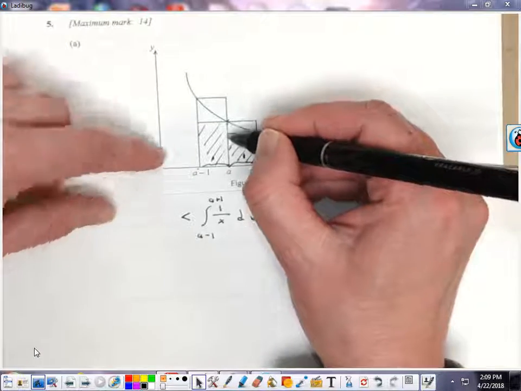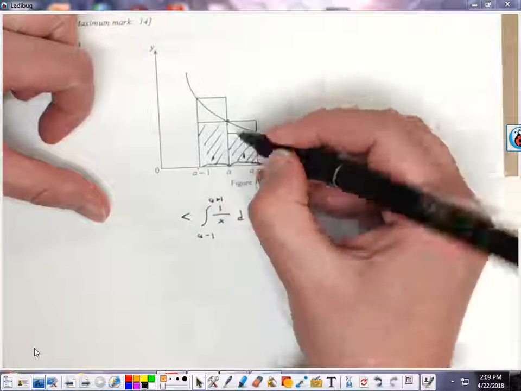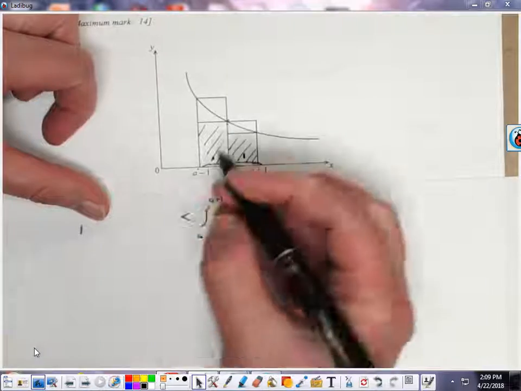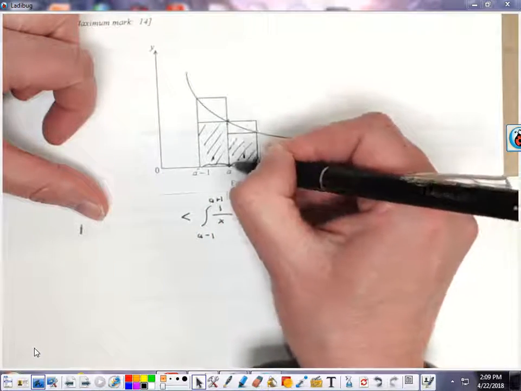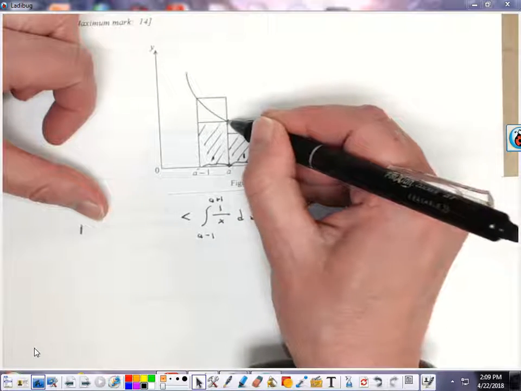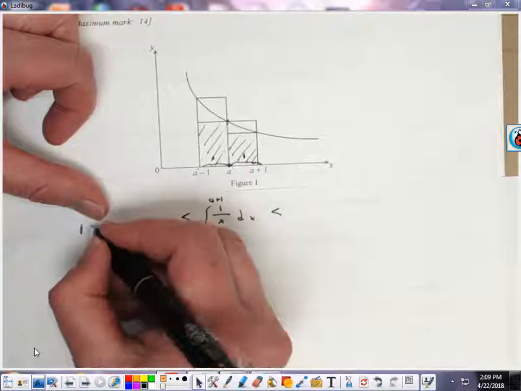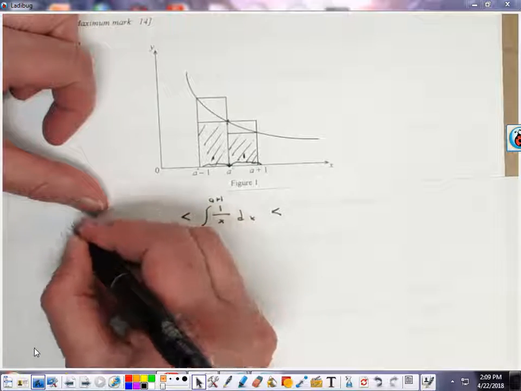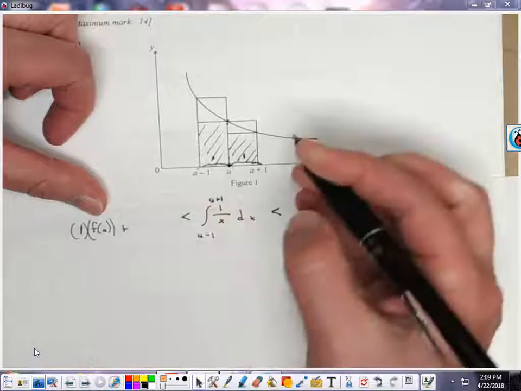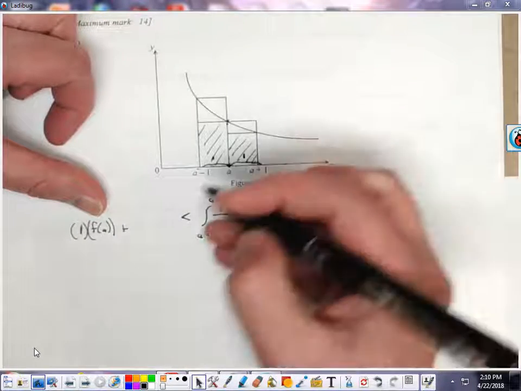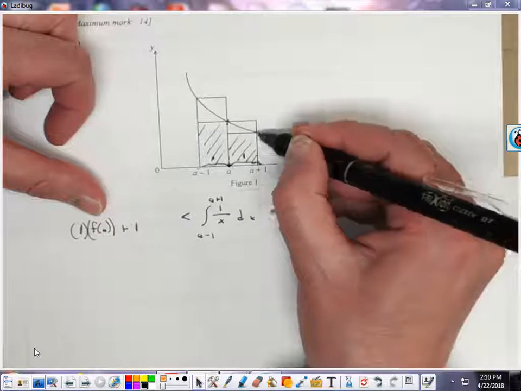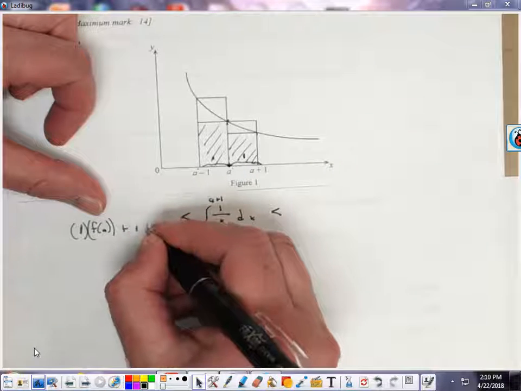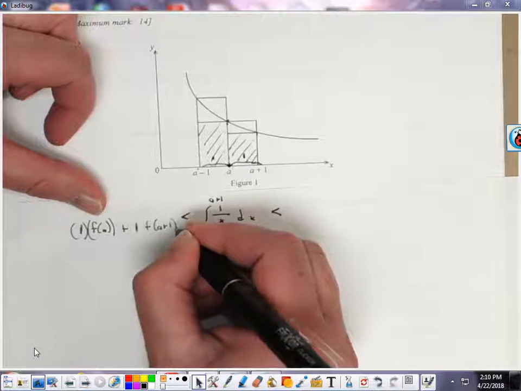So this first rectangle would be 1 wide, and how high it is would be how high I am at the right endpoint, f of a, however high the function itself is at f of a. So 1 times f of a. And then this other rectangle is also 1 wide, and how tall it is on the right-hand side is f of a plus 1.